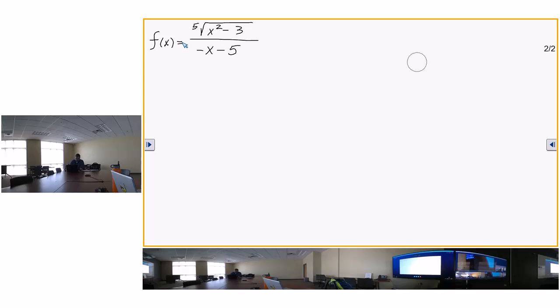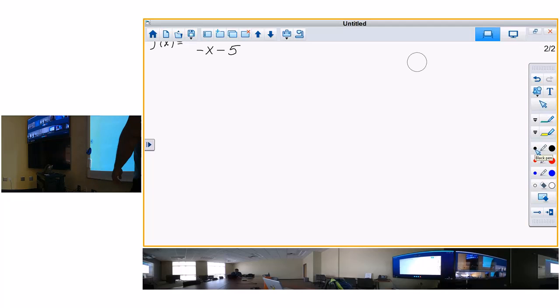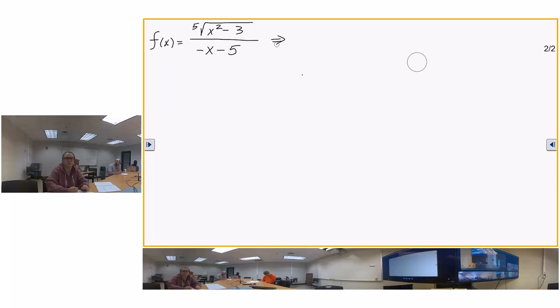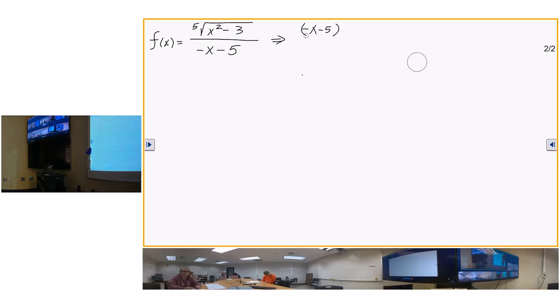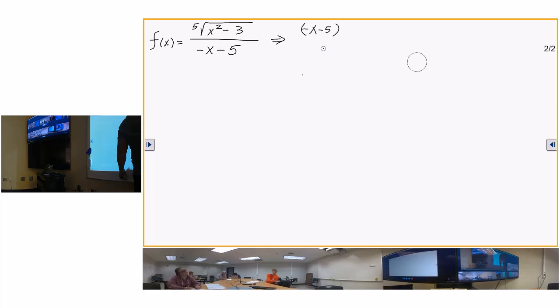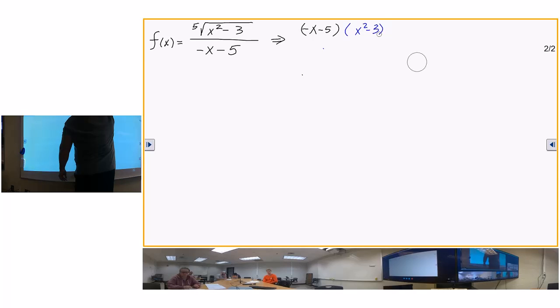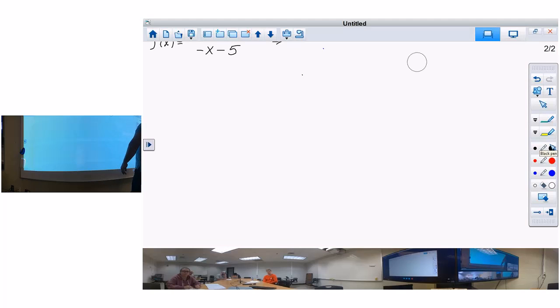I'll go ahead and start it off for you. Denominator times numerator prime, and that's going to be x squared minus 3 to the 1/5 power. Then I'm going to put a prime there, but I've got it in blue, so you know I'm going to take the derivative of it.